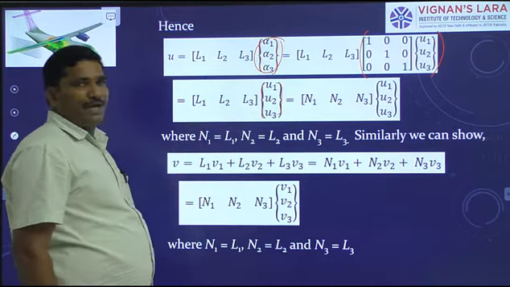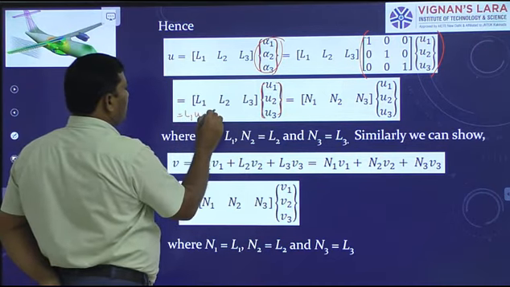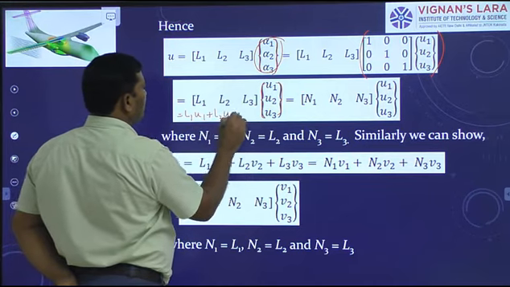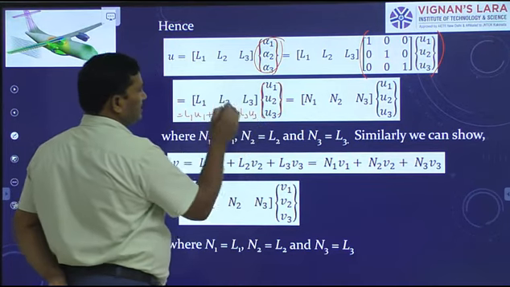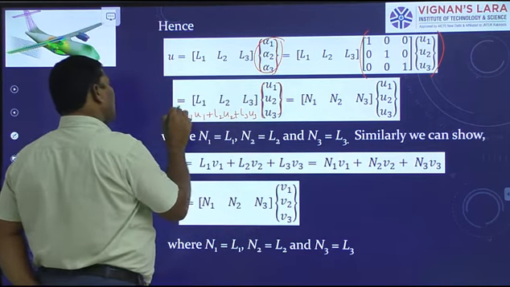When you multiply these, you get L1 U1 plus L2 U2 plus L3 U3. This is for the unknown displacement field U.